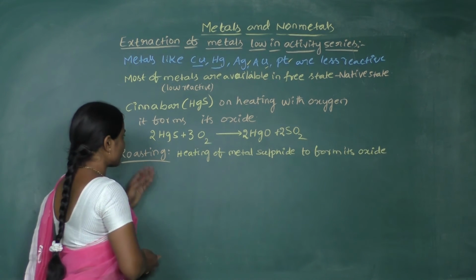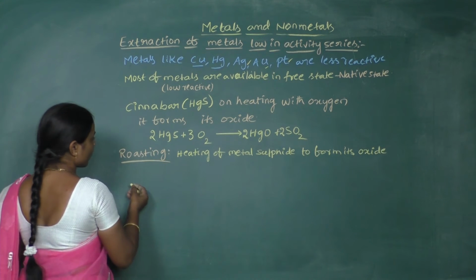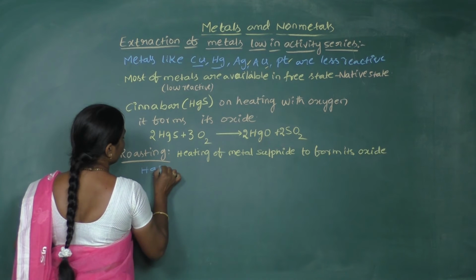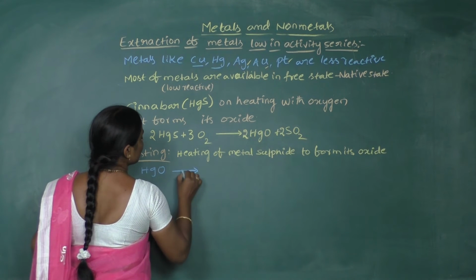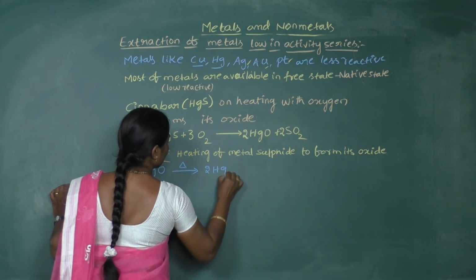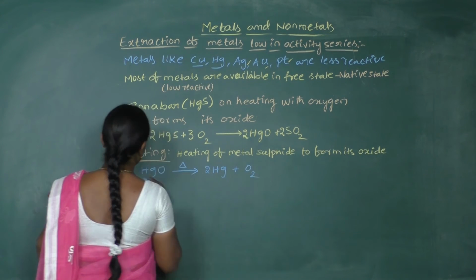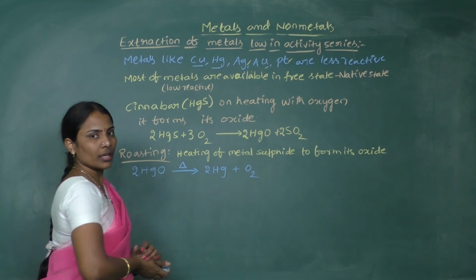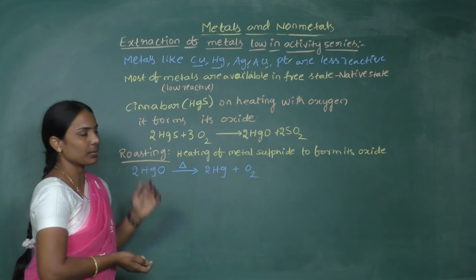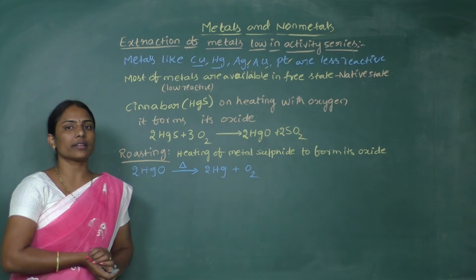And after roasting, the mercuric oxide can simply be heated, that is, if the oxide obtained is heated, then we get mercury plus oxygen. So this is how we can extract mercury from its compounds. How is mercury available in the earth's crust?